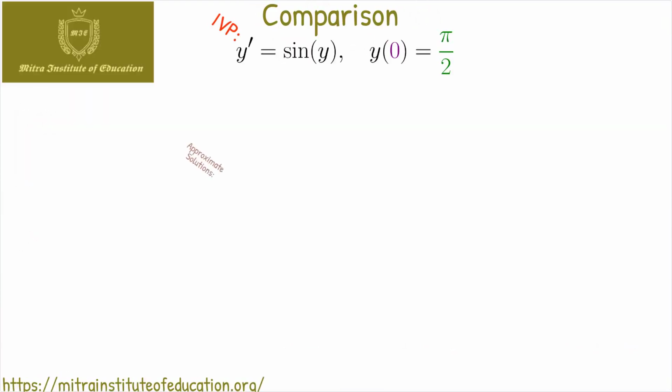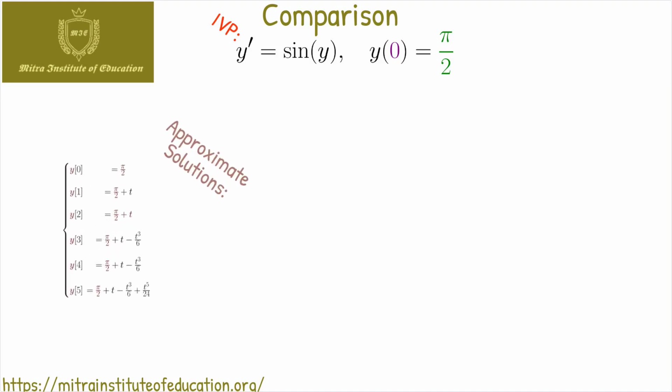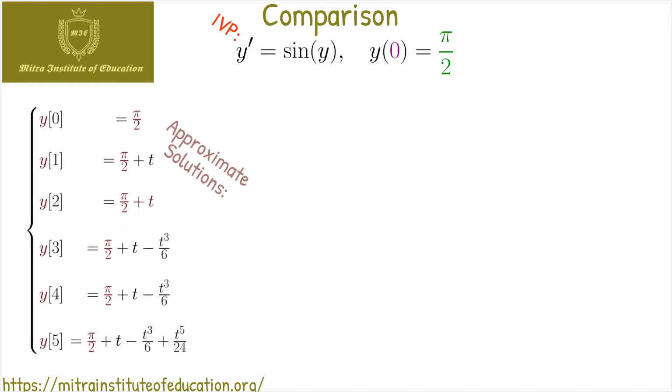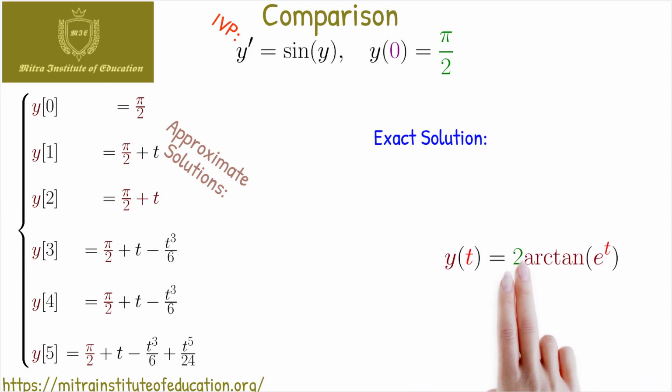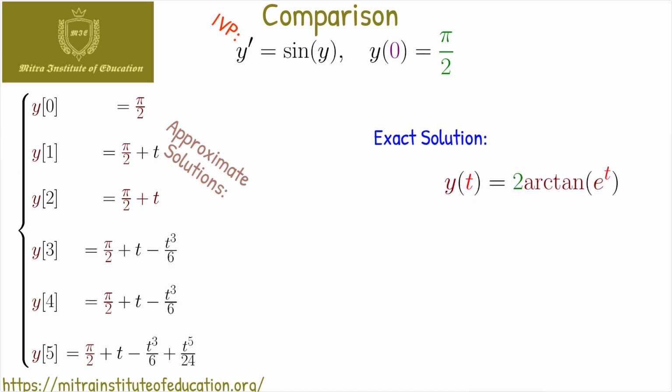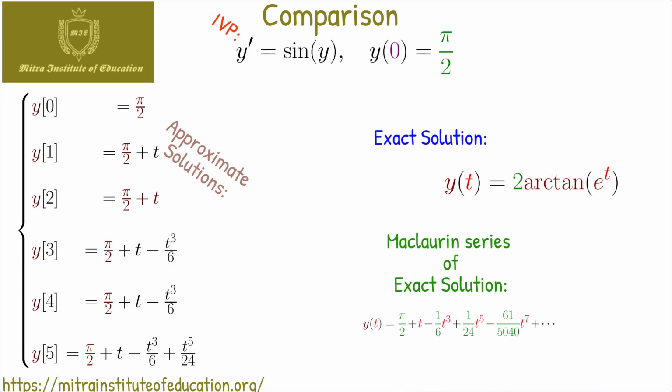Let's first look at the first 5 approximations of the unknown function y. The exact solution to the problem is... Finally, we'll provide the Maclaurin series for the exact solution.